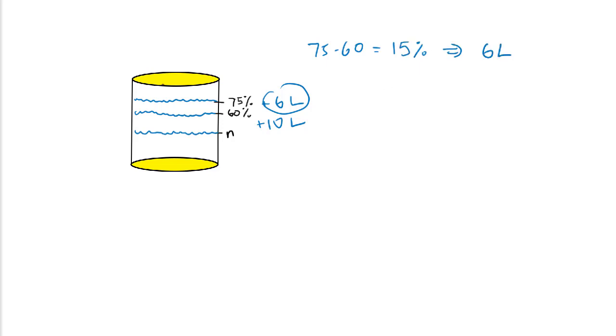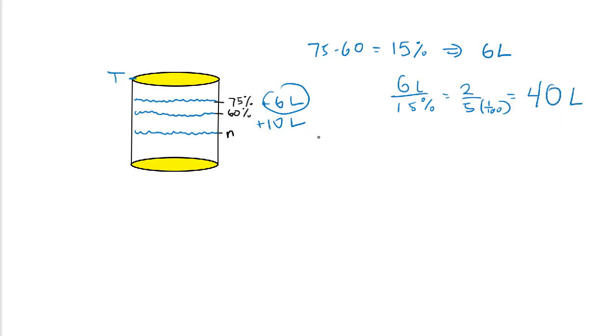So the total volume of my tank at the very top would be 6 liters divided by 15%, which is essentially 2/5 divided by 1/100th, which is 40 liters. That's the total volume of my tank.